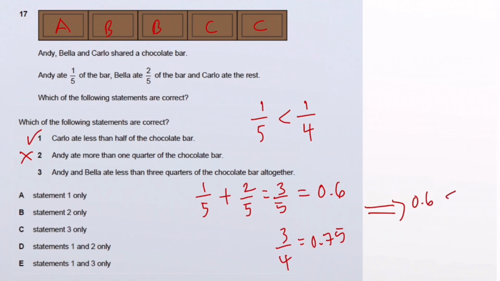And we know that 0.6 is less than 0.75, which means that Andy and Bella did eat less than 3/4. So statement 3 is correct. So if statements 1 and 3 are the only ones correct, it means E is the answer. So again, students are encouraged to work through each statement one by one to help solve the question and to make it easier to come to the conclusions.